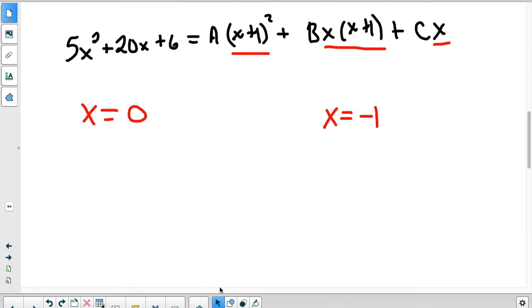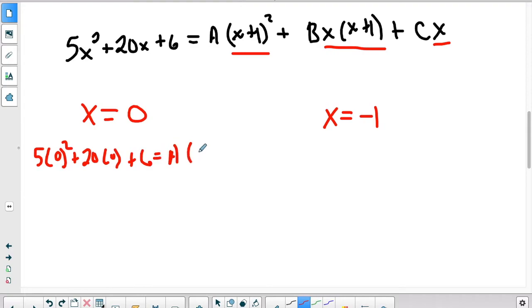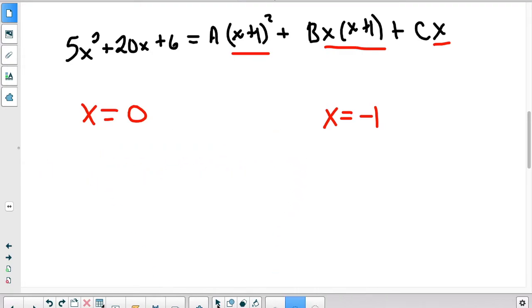Now when we do x is equal to 0, we're going to plug in 0 for x. So we're going to have 5 times 0 squared plus 20 times 0 plus 6 equals a times 0 plus 1 squared plus b times 0. Okay, so we have these 2 here.